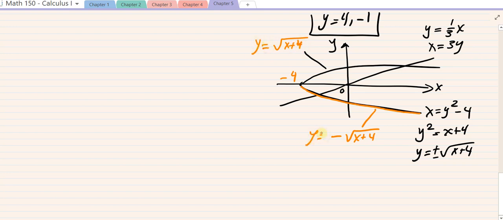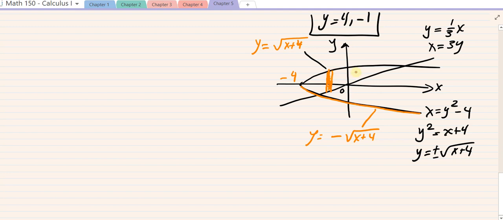Notice we have two parts. So what about the limits of integration? When I draw my typical rectangle, it looks like this. That's my vertical rectangle.